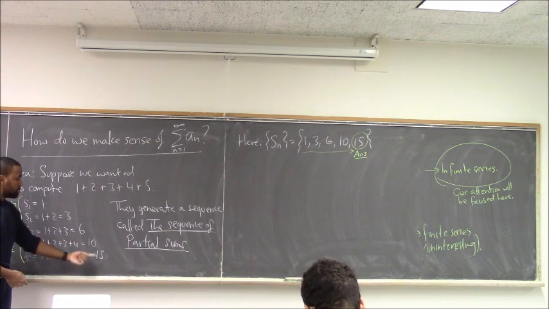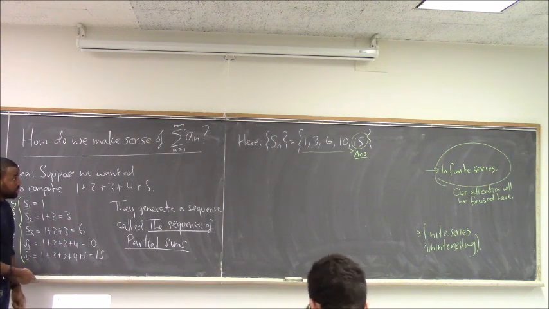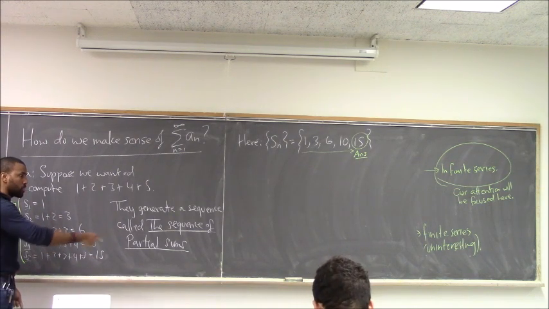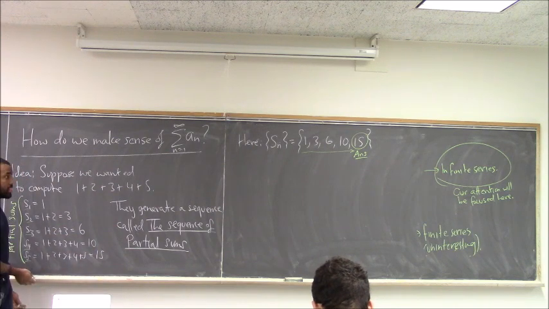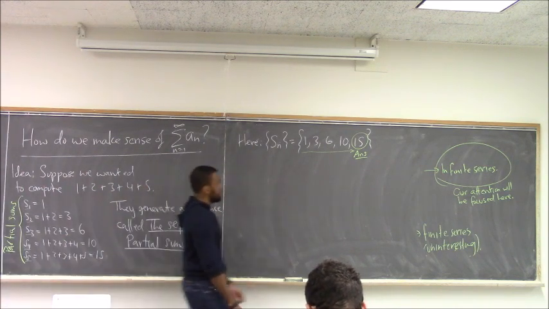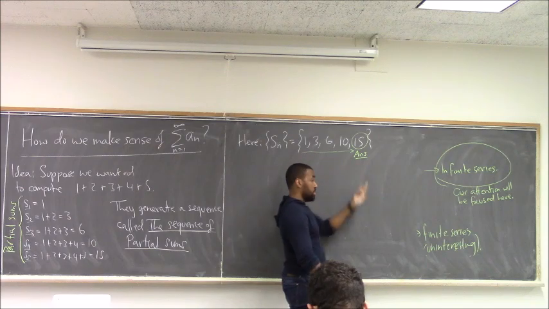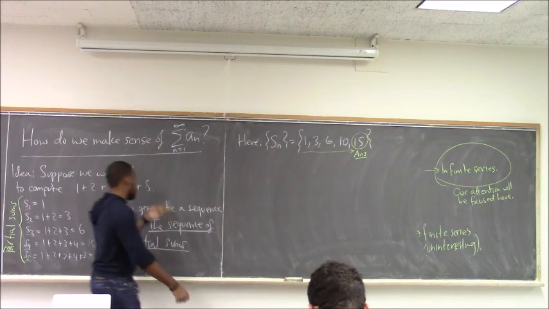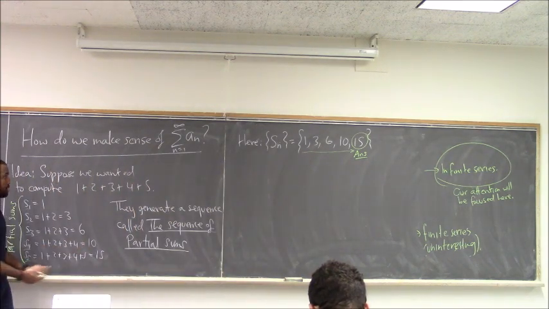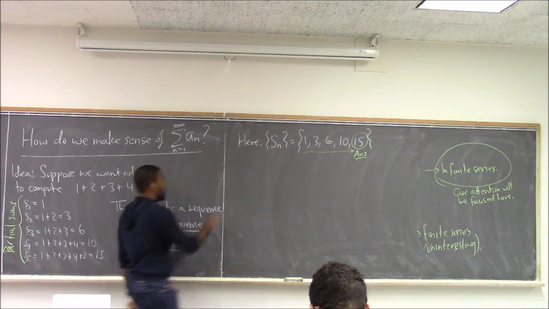You create a list by adding successive terms, and then just look at the long run: where does the list end up? In this case, it ended up at 15, and 15 is actually the answer. 1 plus 2 plus 3 plus 4 plus 5 is 15. That is the answer to this sum. So now you apply this rule in general.